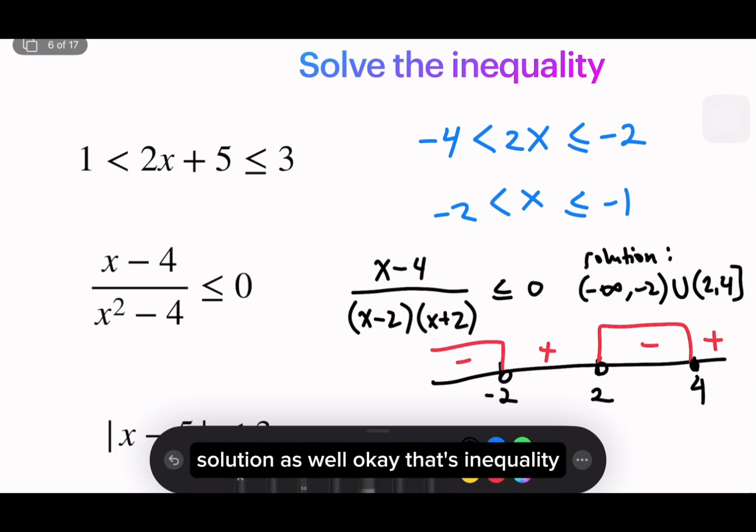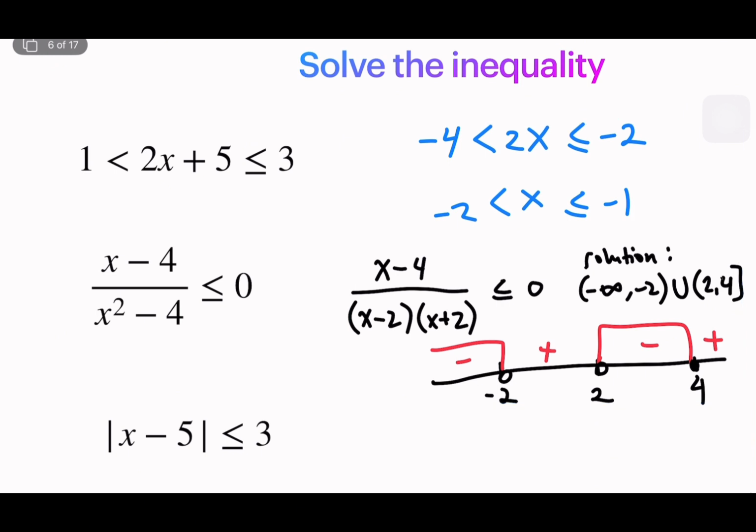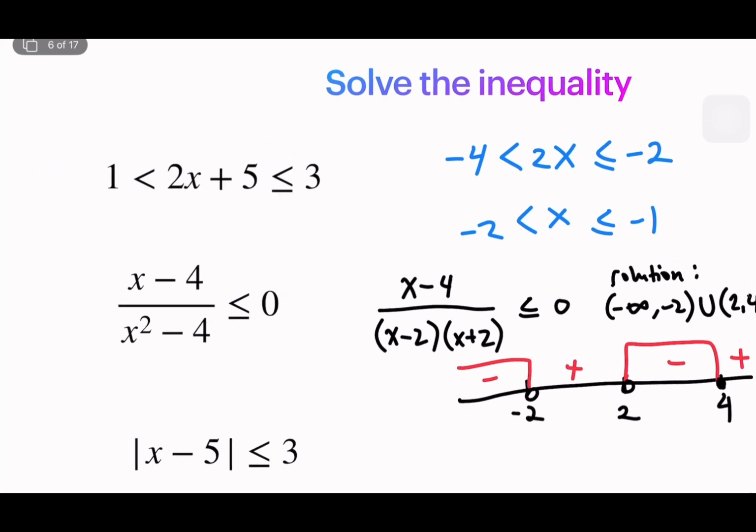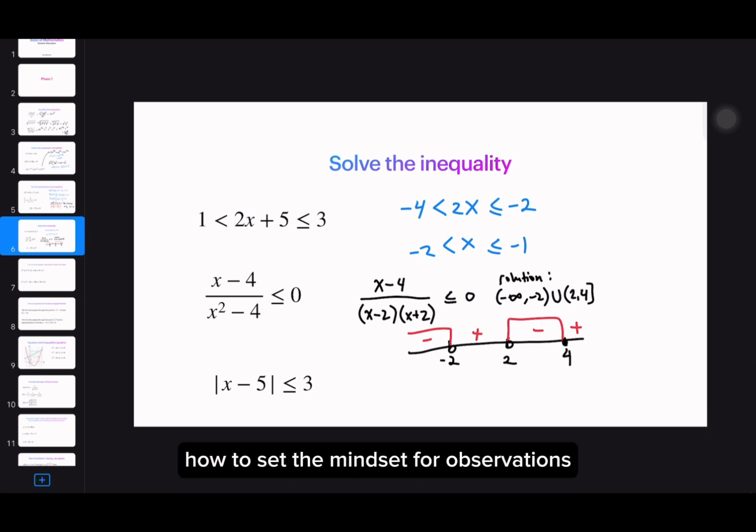Okay, that's inequality. The important thing is how to set the mindset for observations.